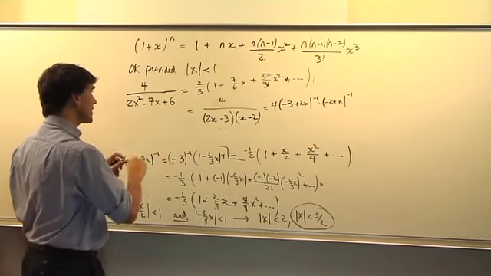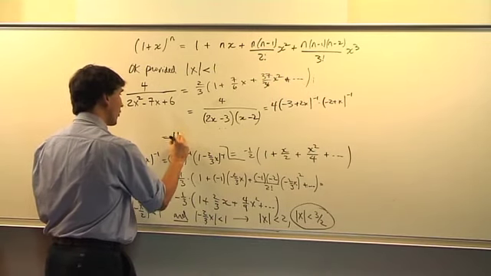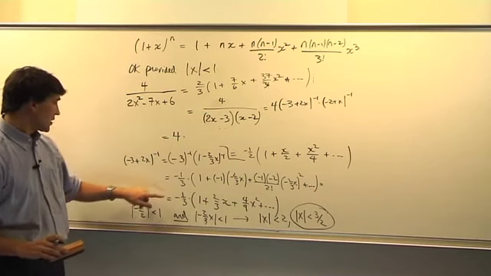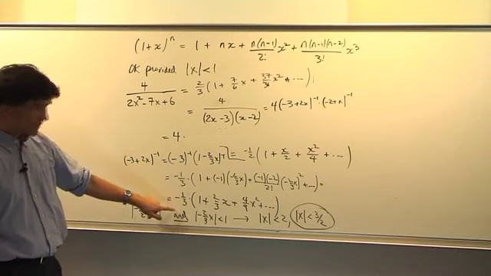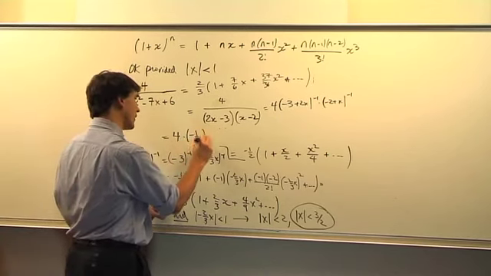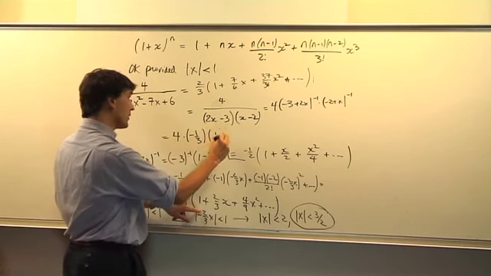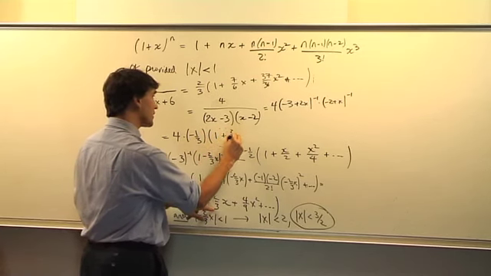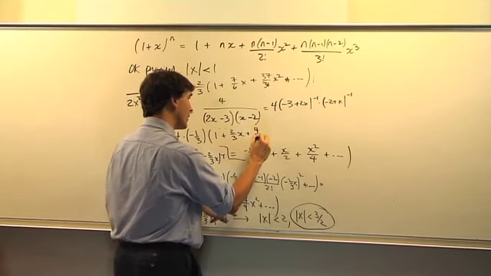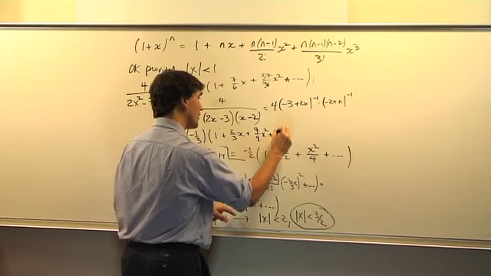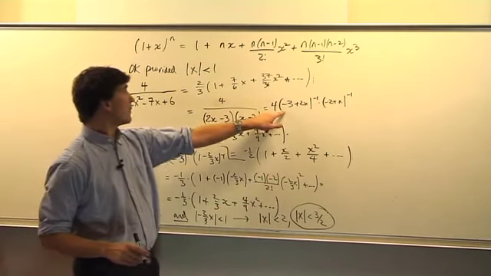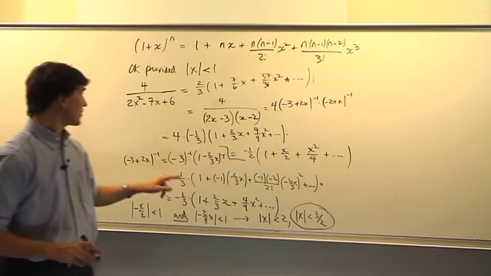So let us write this as 4 times this: minus 3 plus 2x to the minus 1 is minus 1/3 times 1 plus 2/3 x plus 4/9 x squared plus dot dot dot.